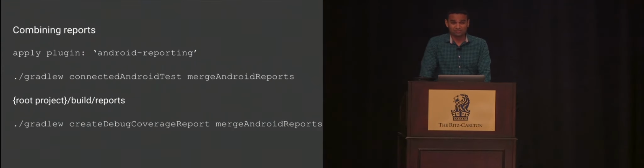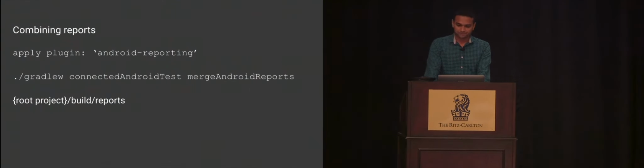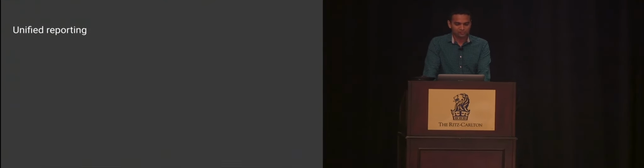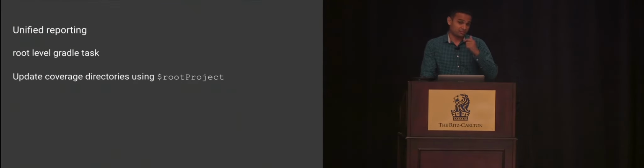You can try that for the test coverage report, but that will not work. So in that case, what you want to do is specify a unified reporting task again in the root build Gradle directory. What that does is it will make use of the root project variable.